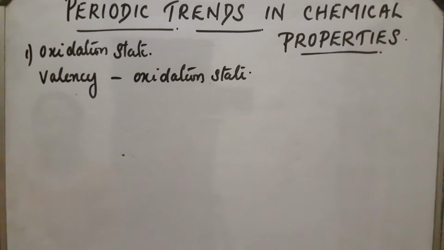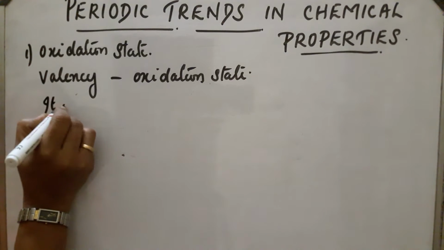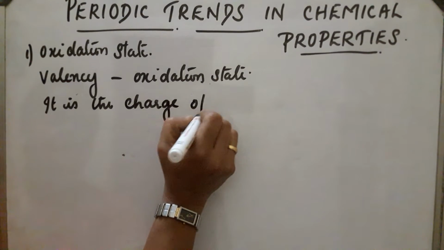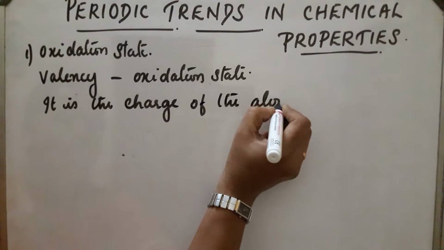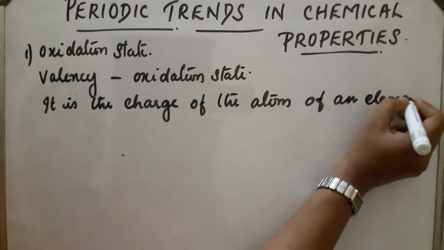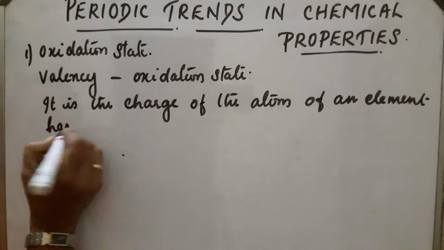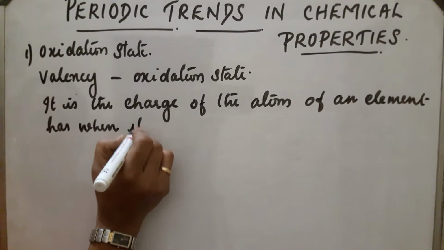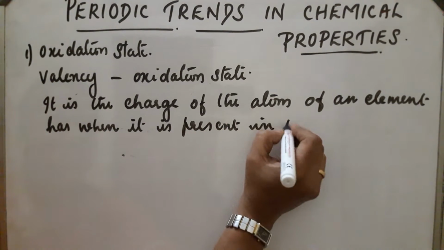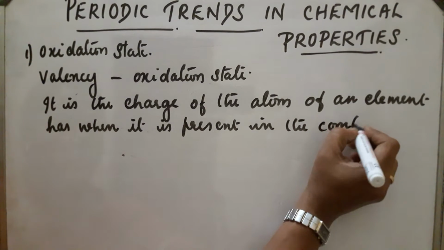Now, what is oxidation state? It is the charge which an atom of an element has when present in the combined state, that is, in the case of chemical compounds.